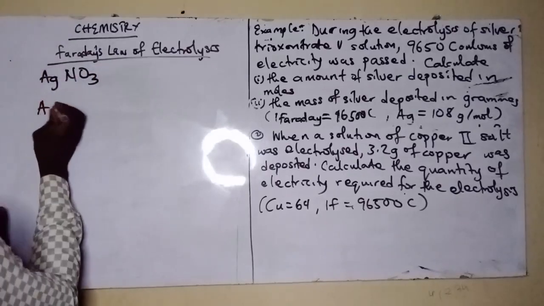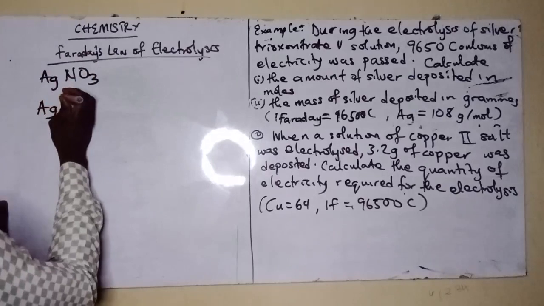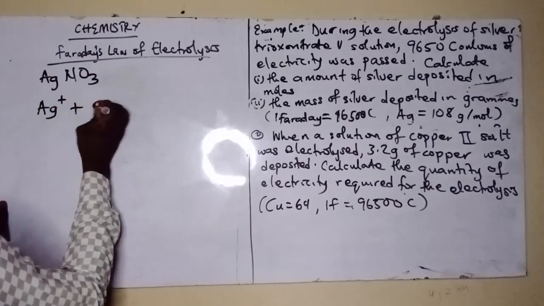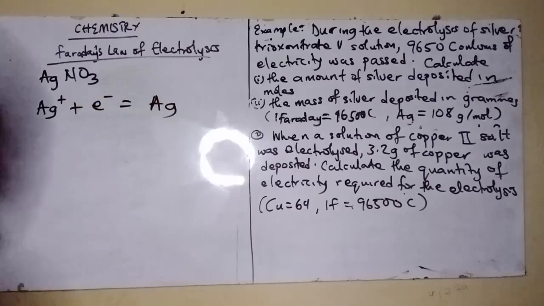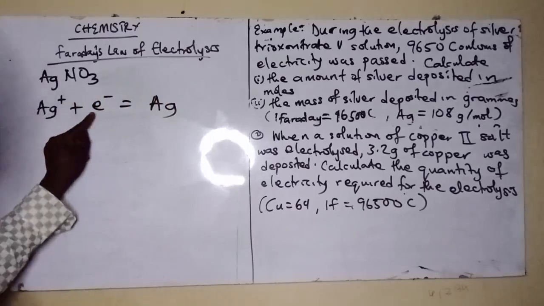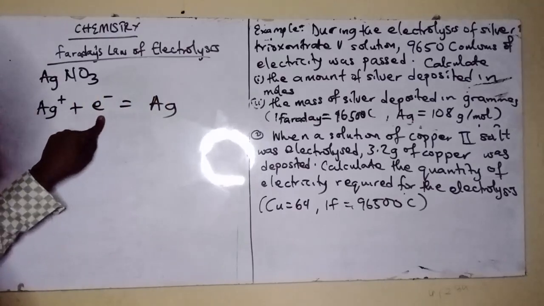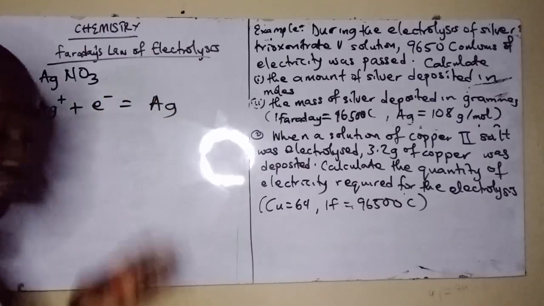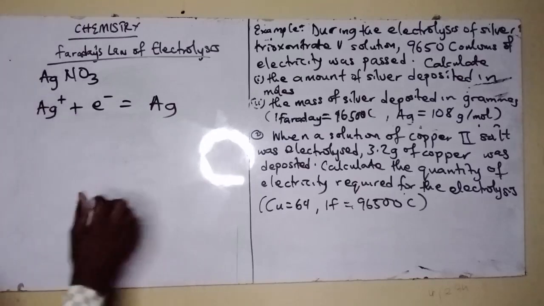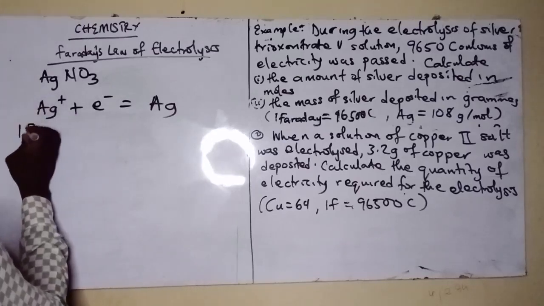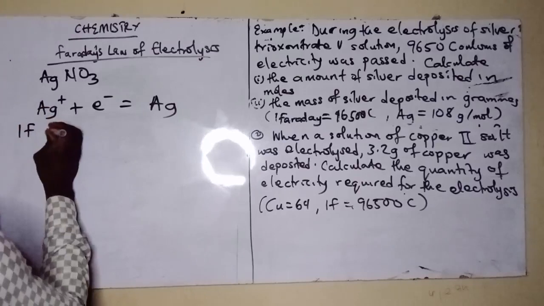So Ag plus plus e minus gives Ag. Now, silver is carrying 1 charge. It will require 1 electron to change it to silver atom.